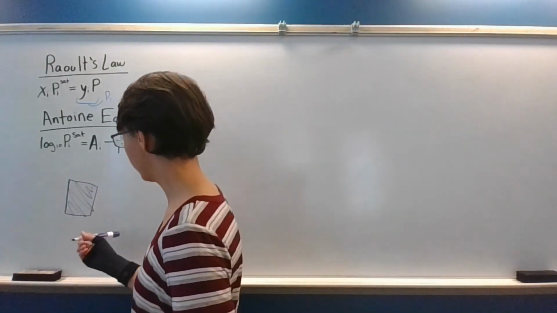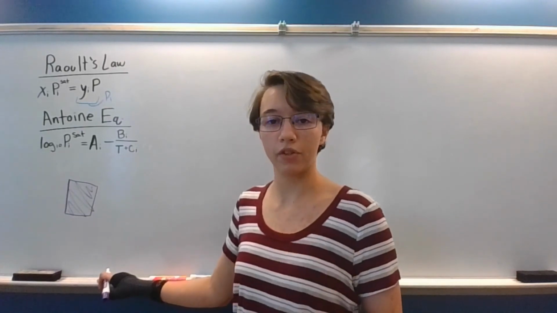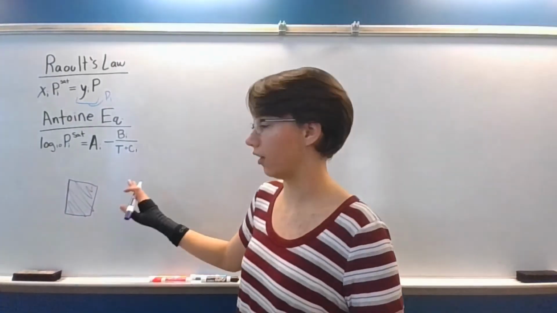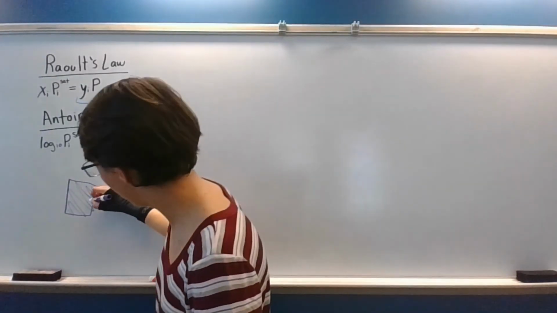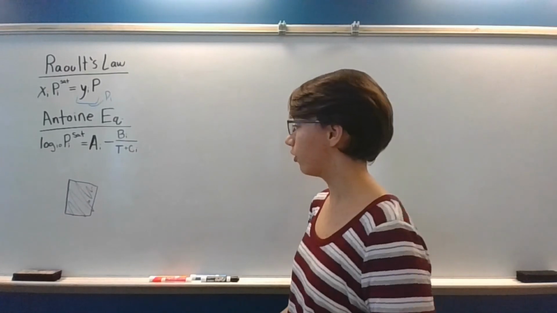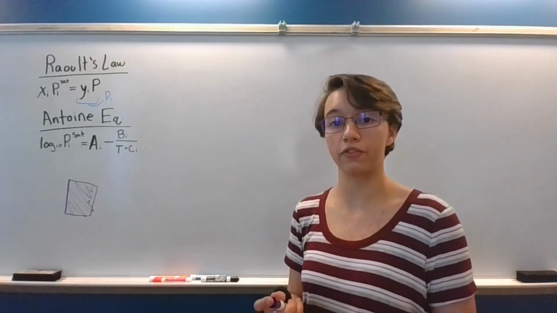So for the bubble pressure, the temperature is being held fixed, and the pressure is being changed until a bubble of vapor starts to form. So that's our bubble right there. Let's start off talking about the equation for bubble pressure.